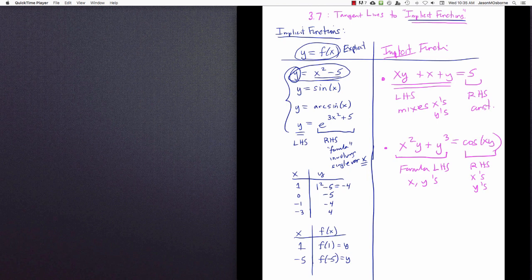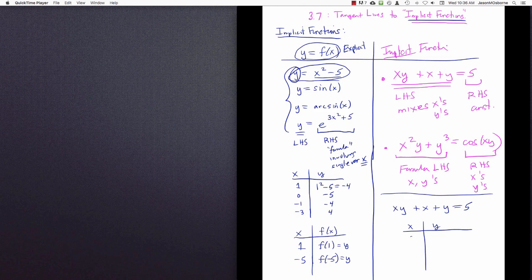Now take a look at, for example, specifically x times y plus x plus y equal to 5, and try to create some values for x and y. One has to deal with the x's and y's together at the same time.